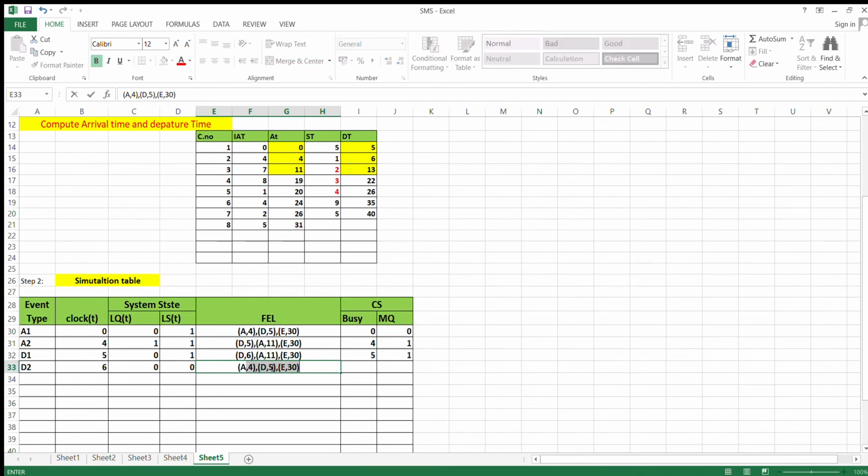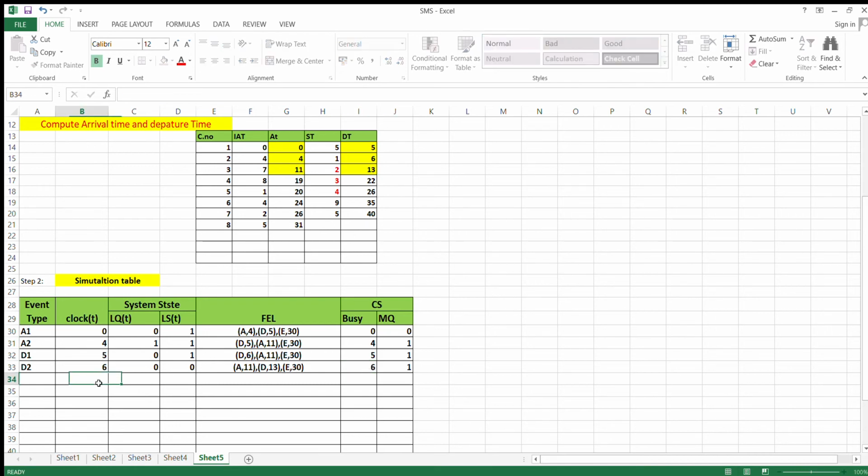So A11, D13, E30. So calculate busy time. To calculate busy time: departure minus its own arrival, 6 minus 4, 2, plus 4, 6. So maximum queue will be 1.